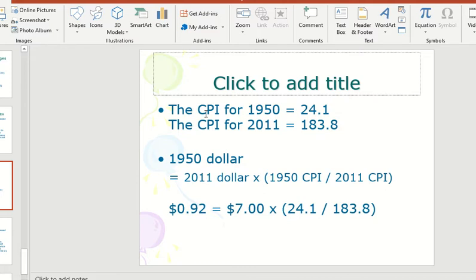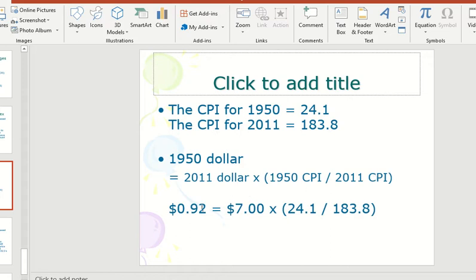So here's what we are given, the price level. We're given the CPI for 1950, 24.1. We're given the CPI for 2011, 183.3. So let's plug in the numbers. 2011 dollars multiplied by 1950 CPI divided by 2011 CPI.